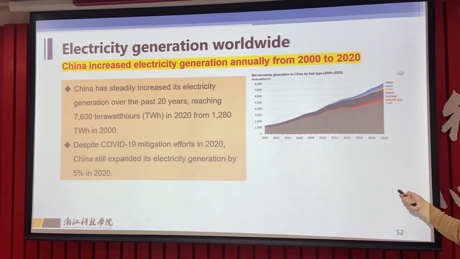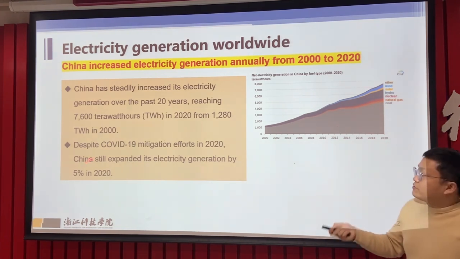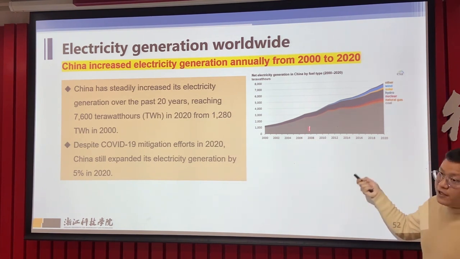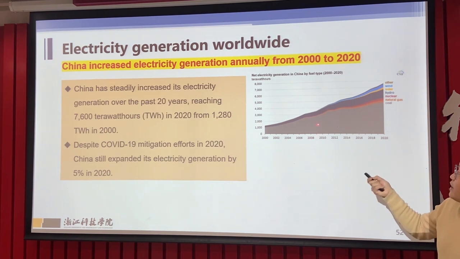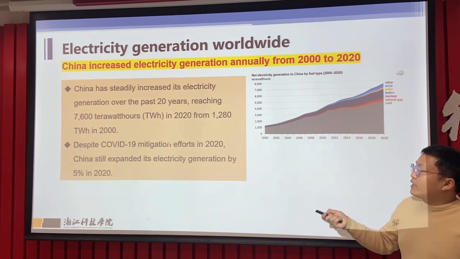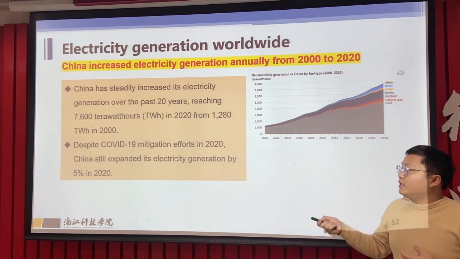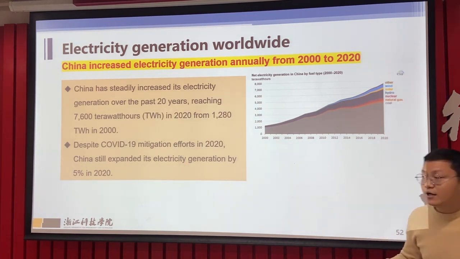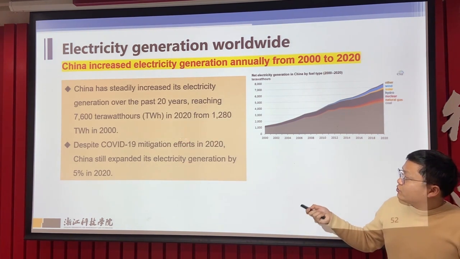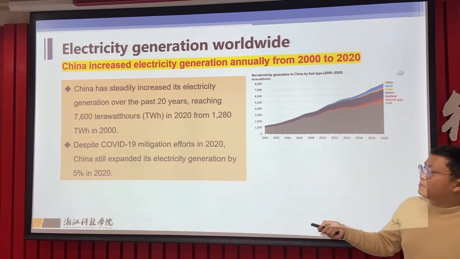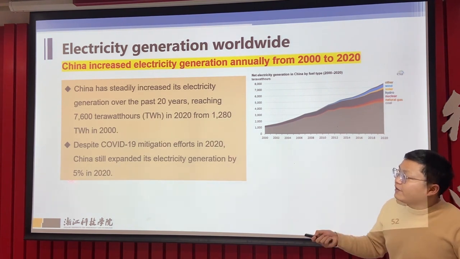Even in recent years and in 2009, the financial crisis worldwide, China also had increasing electricity generation. In 2020, China still expanded its electricity generation by 5%.